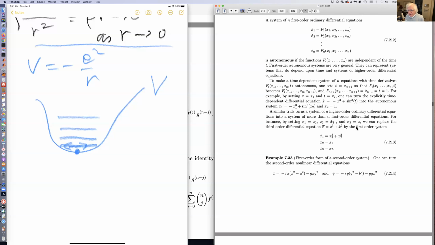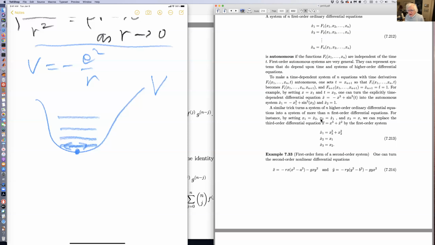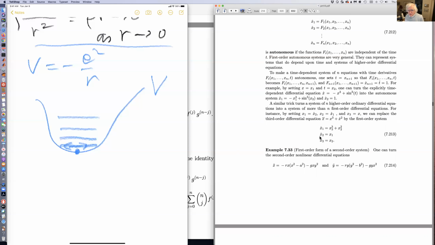Well, x3 is x. Let me get this straight. I hope I did this right. Certainly x2 dot is x1 and x3 dot is x2.